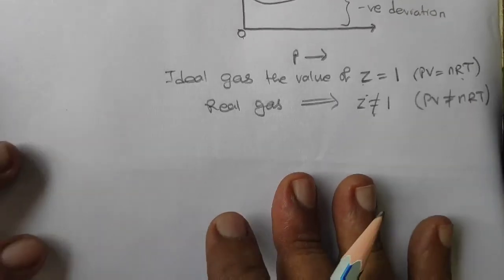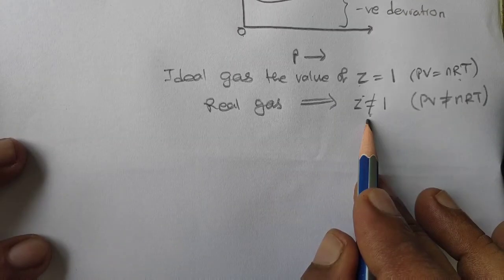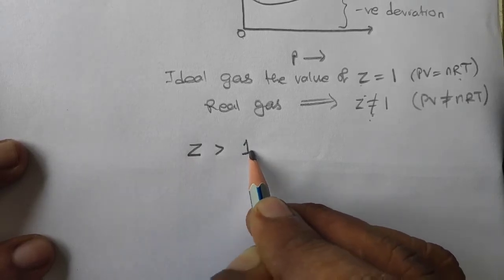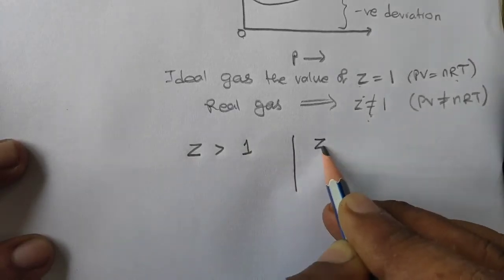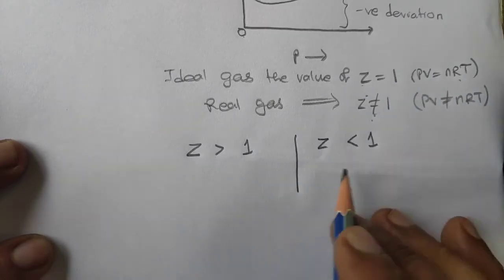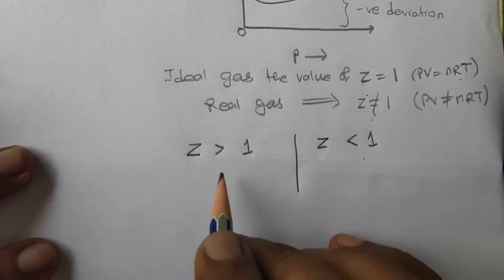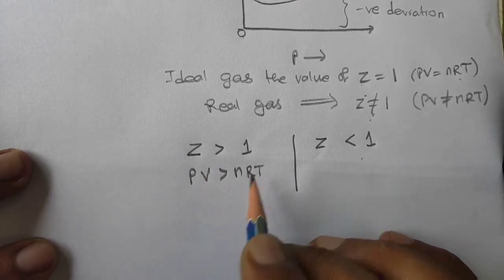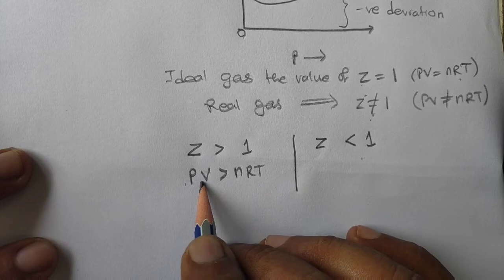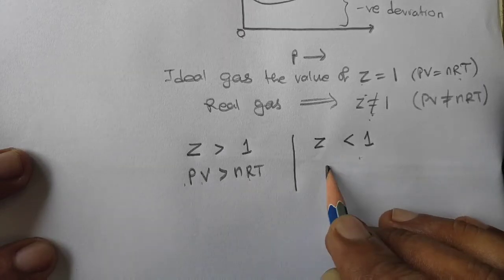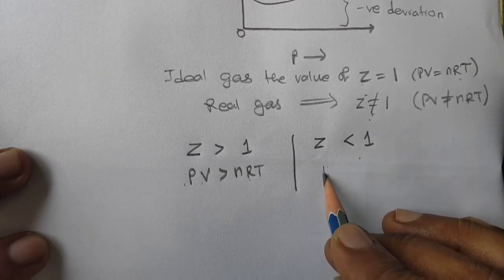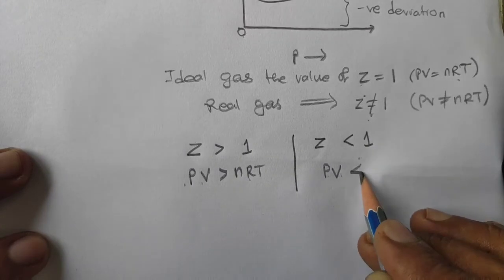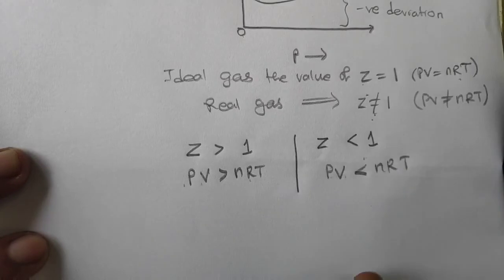So when Z is not equal to 1, there are two conditions: Z will be greater than 1 or Z will be less than 1. When Z is greater than 1, the value of PV will be greater than nRT, that is, the product of pressure and volume will be greater than nRT. When Z is less than 1, the product of pressure and volume will be less than nRT.